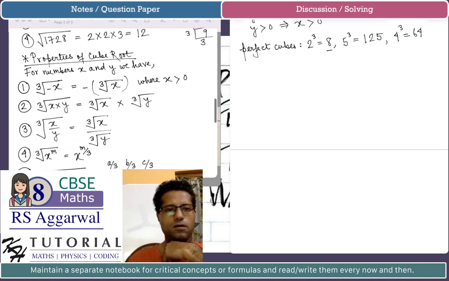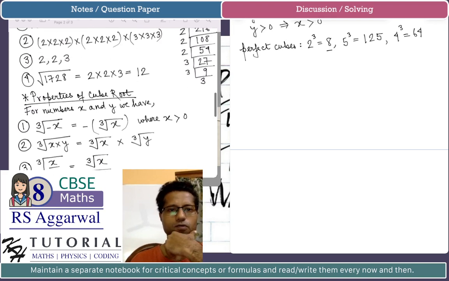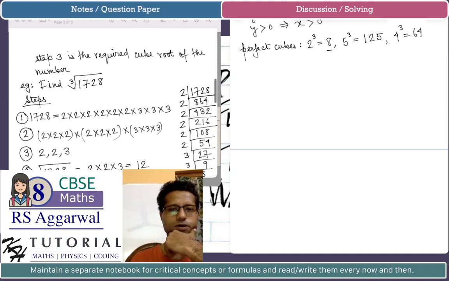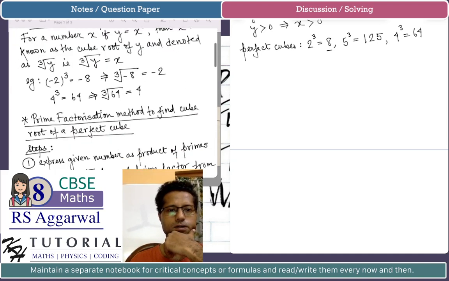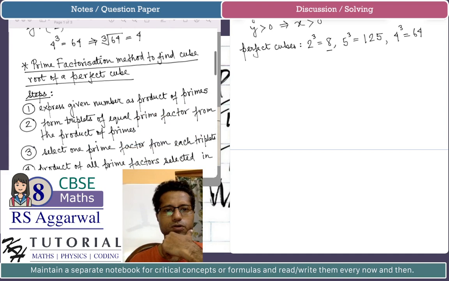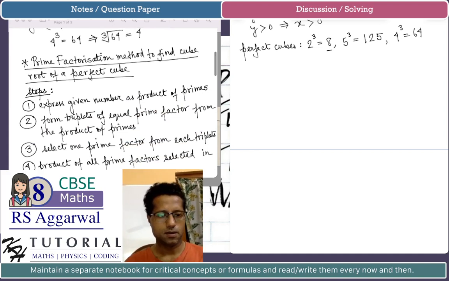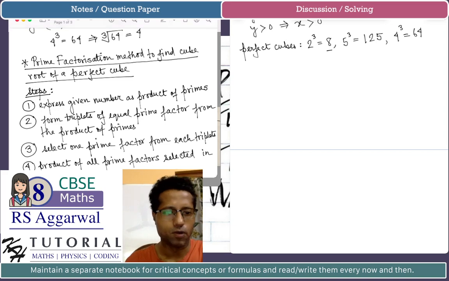Now, properties of cube root. Before that, let's try to understand the prime factorization method to find the cube root of a perfect cube by solving some problems from the textbook.